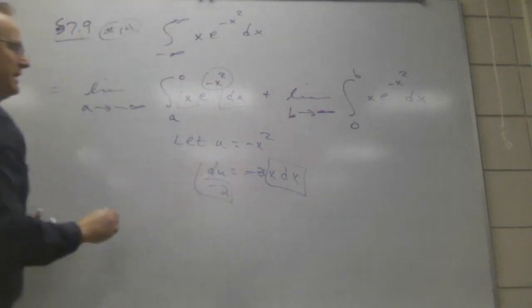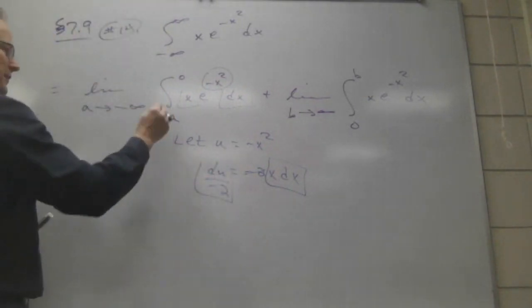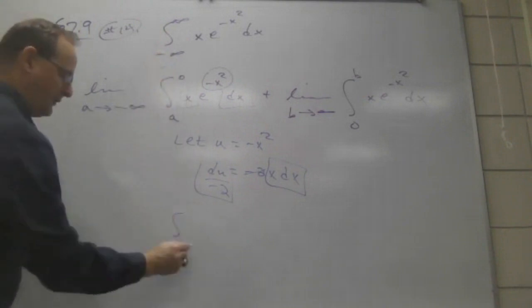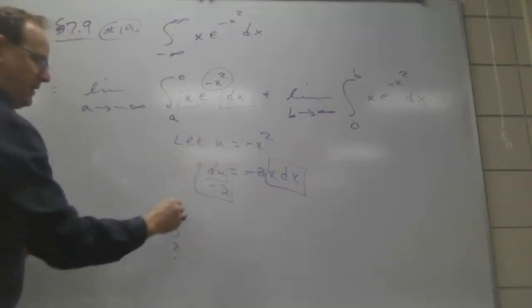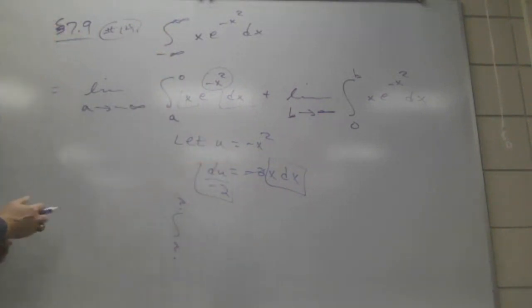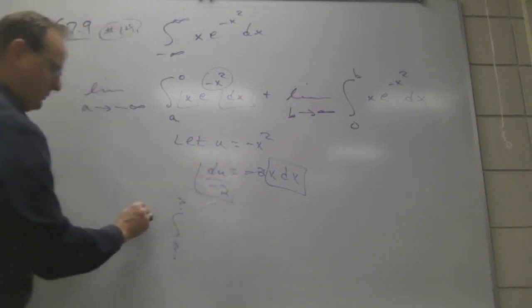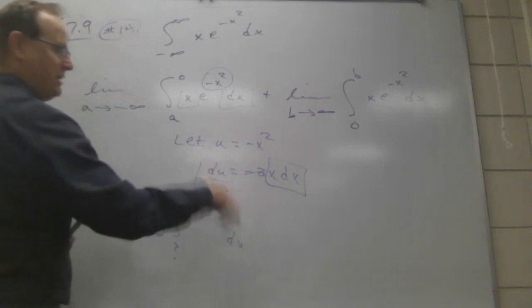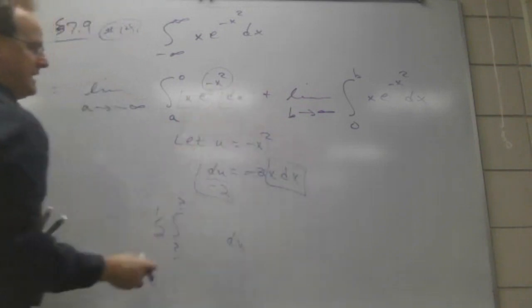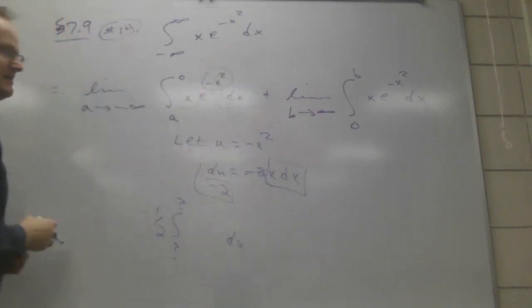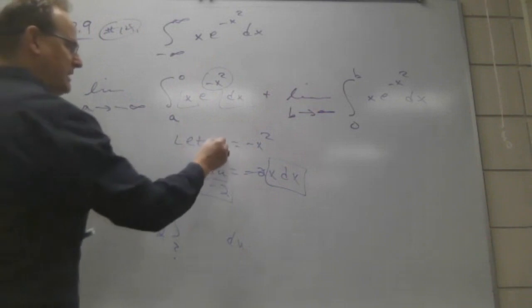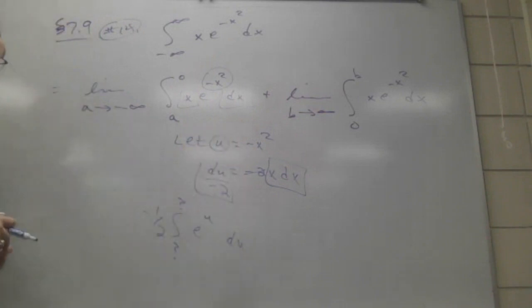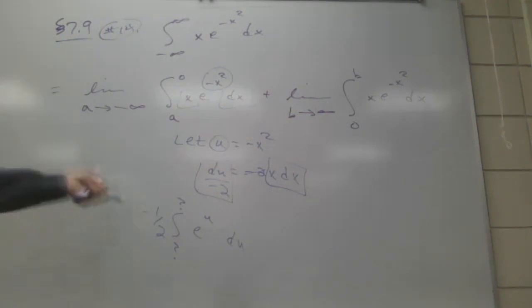Okay, so we don't know from a to b or a to 0, because now I'm changing it over to u, so I'm just going to leave those off, and it's going to be minus 1/2, and I have a du, and that replaces the x dx, and instead of e to that minus x squared, it's going to be e to the u.